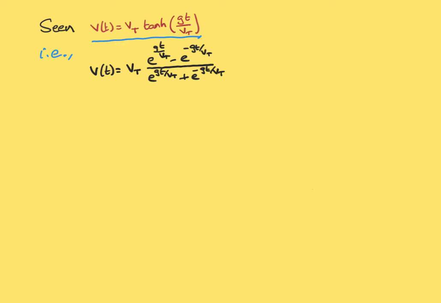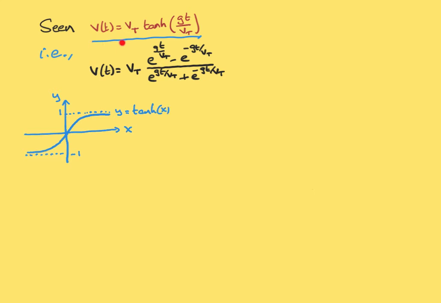So let's just remember the graph of the tanh function. It looks something like the following. So we'll say tanh of x, and it looks something like this, where for large x it approaches 1 and for large negative x it approaches minus 1. So this is y is tanh of x.